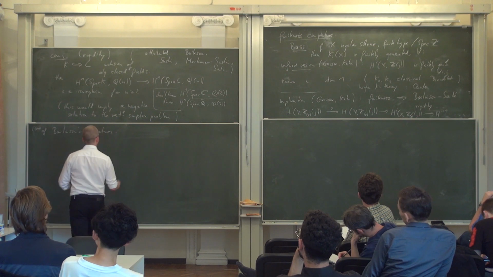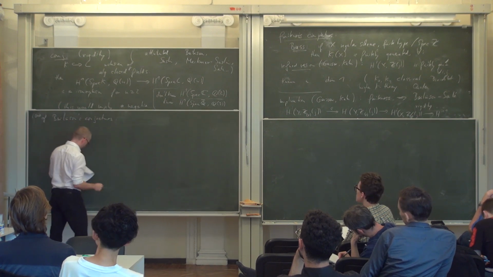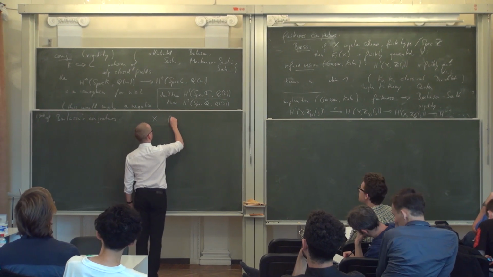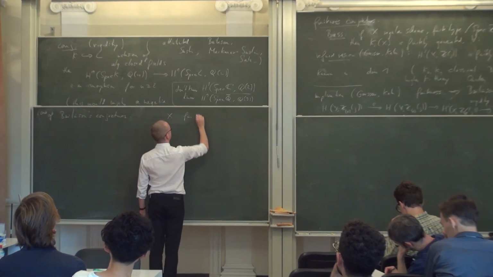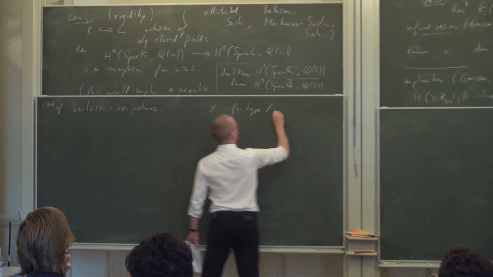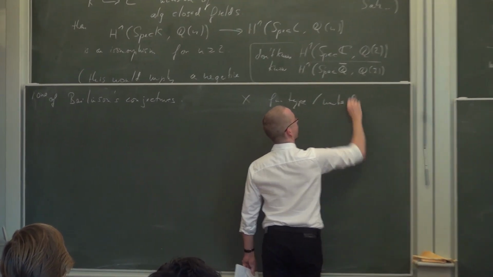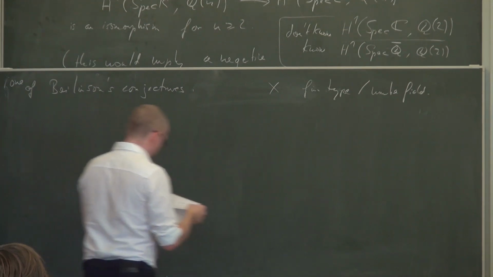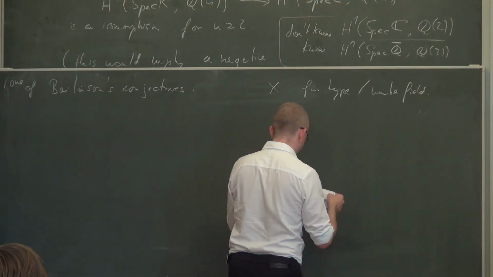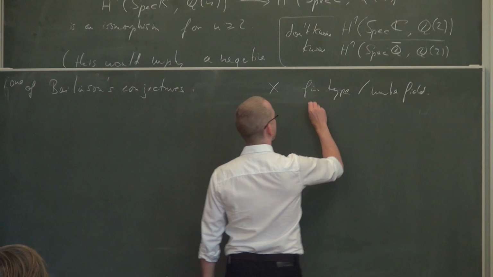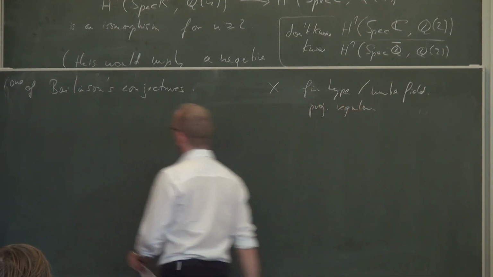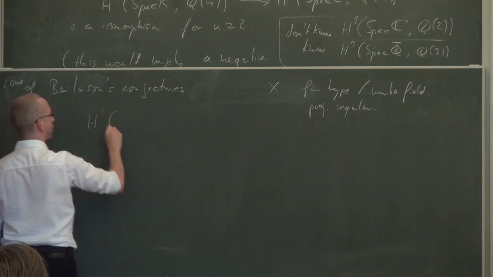So what we have is we can look at, what do I want? When X is of finite type over a number field, projective and regular, then we have motivic cohomology.